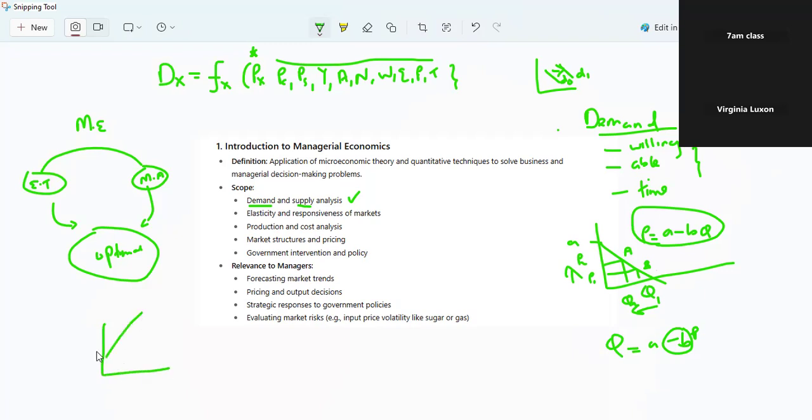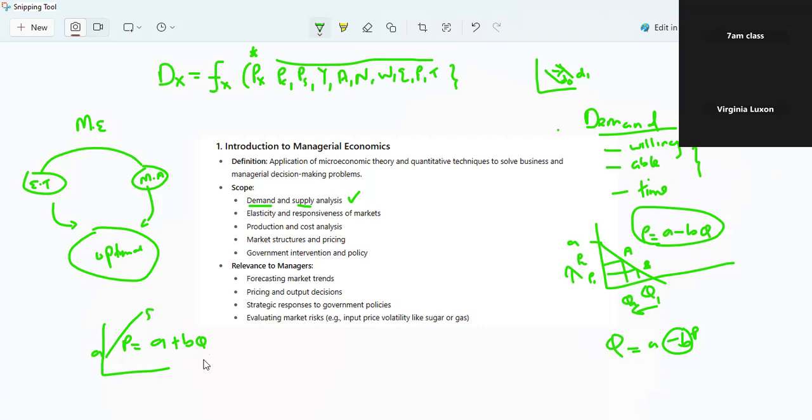Supply is given by P is equal to A plus BQ, but the only difference is that the slope here is positive. B stands for the slope. Slope is a gradient. It tells you if you increase your price by 1 kwacha, how the quantity will change. But for the supply function, the only difference is the plus there.